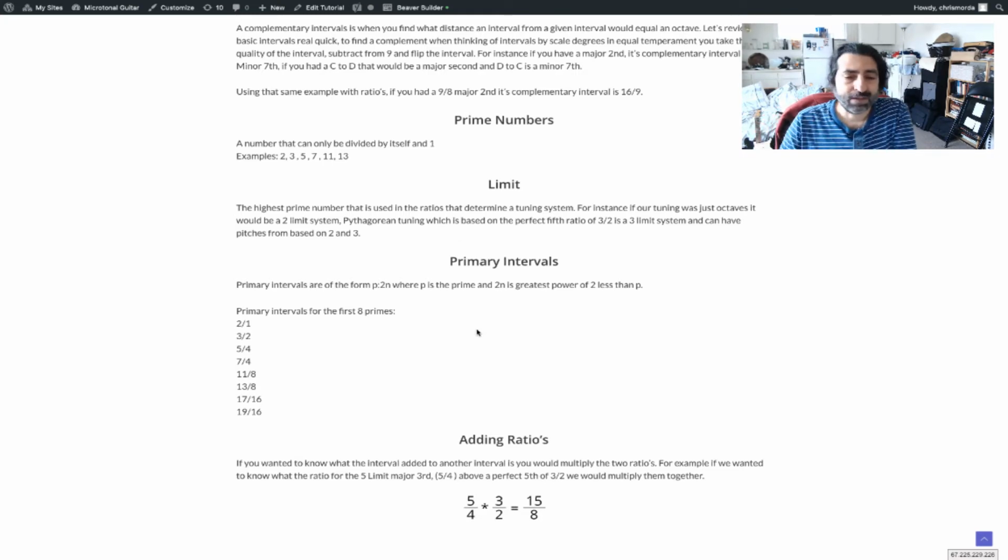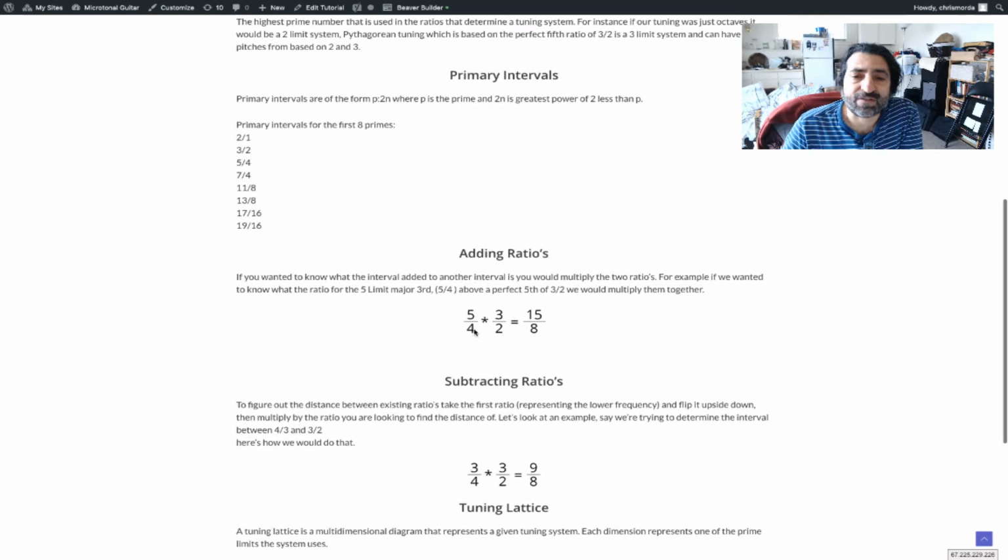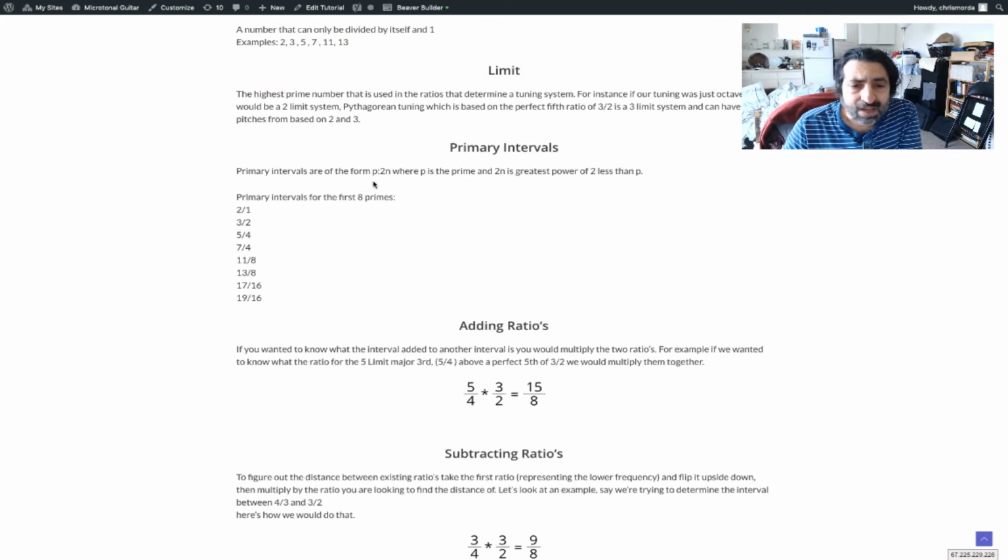Okay. So primary intervals, now there's a little mathematical formula I've written out here, but the way I think of them, it's the lowest ratio from that prime that you use.